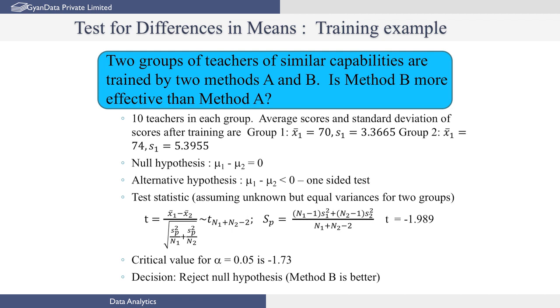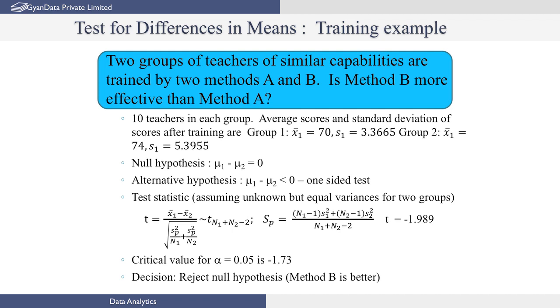So, minus 1.73, the probability that the t distribution with 18 degrees of freedom is greater than this minus 1.73 will be 5%. So, if we are willing to tolerate a type 1 error probability of 5%, then we can choose the threshold value as minus 1.73 drawn from the t distribution with 18 degrees of freedom and compare it with the statistic.